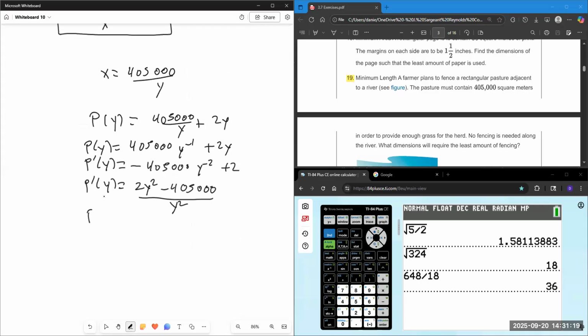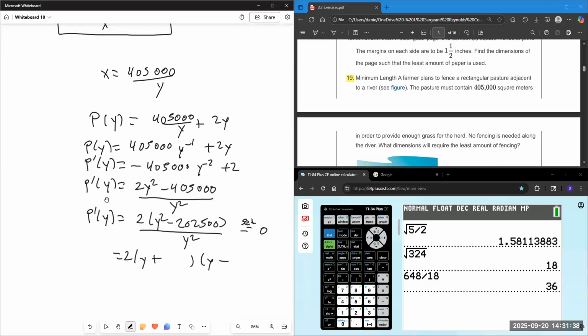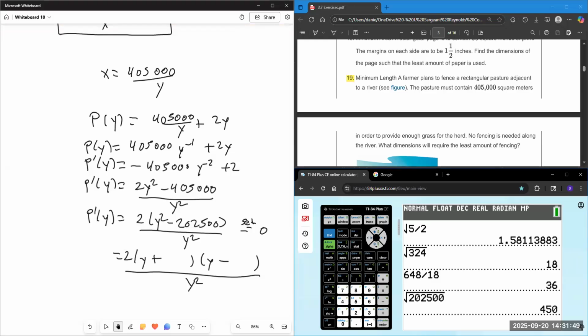And then P prime of y is 2 minus 202,500 over y squared. Set that equal to 0. Plus or minus 450.